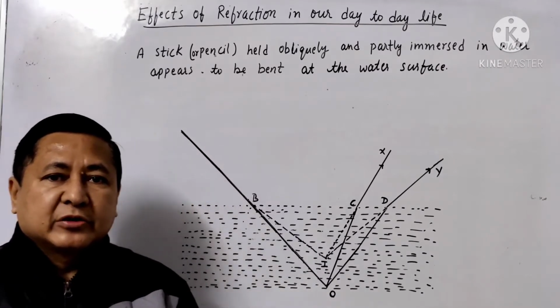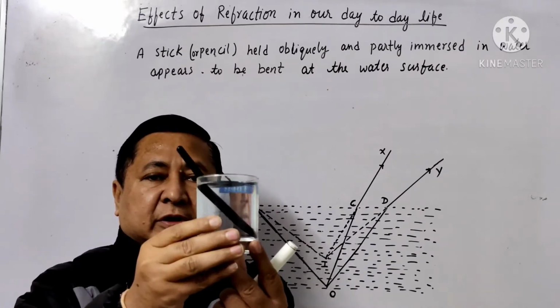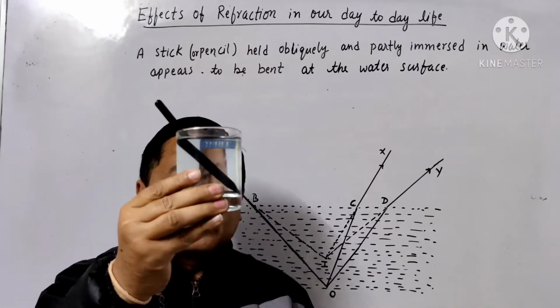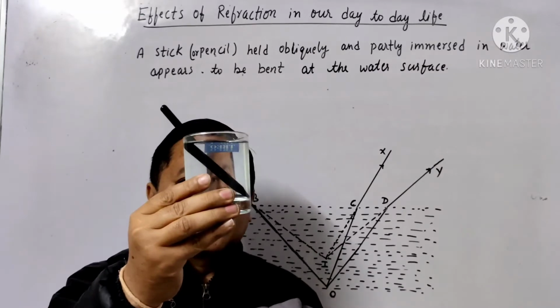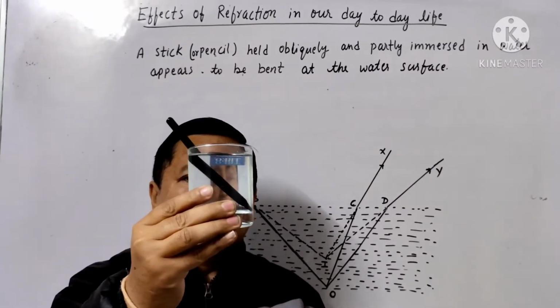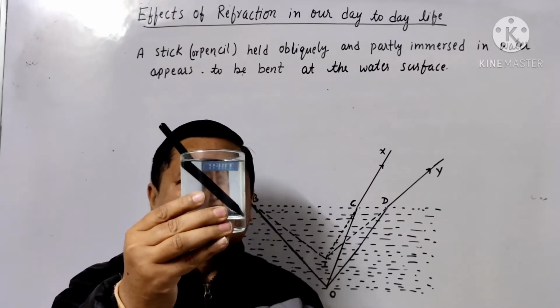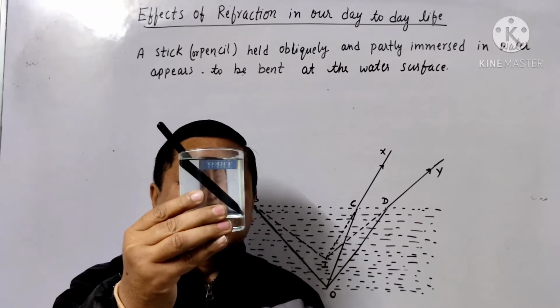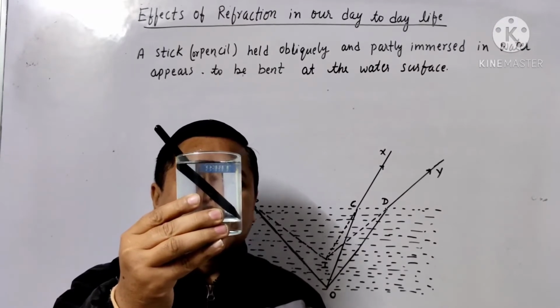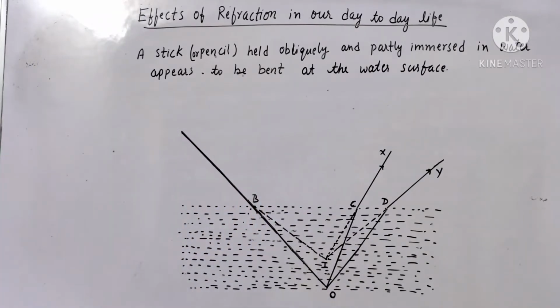I have shown you earlier also that if we take a glass of water and keep a pen or pencil or stick in it, it appears to bend. Now I am going to explain why it appears to bend. It is not actually bending, but it appears to bend due to the process known as refraction. So I will explain how it happens.